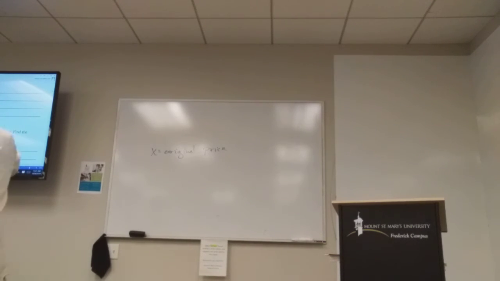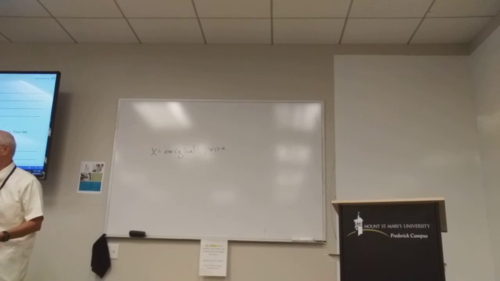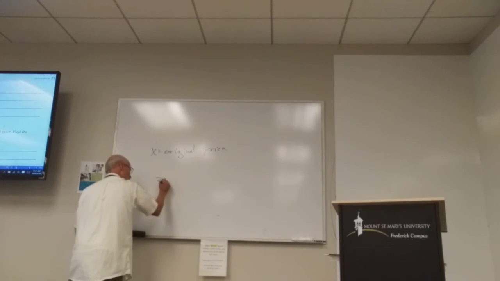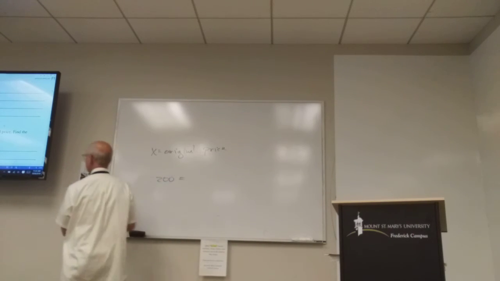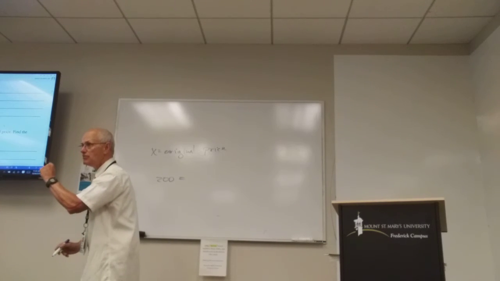A mattress for a single bed is on sale for $200. Which is, when this says which is, what's it talking about? It's talking about the $200. The $200 is 4/5 of.